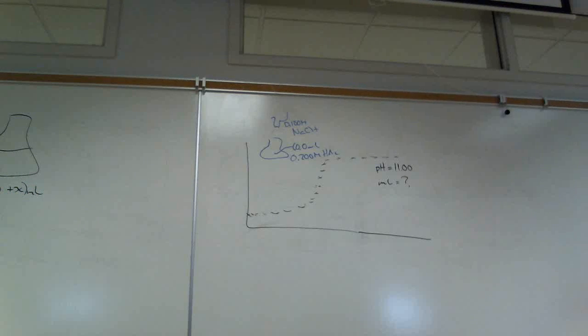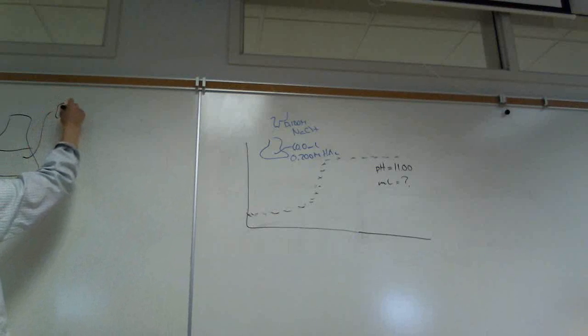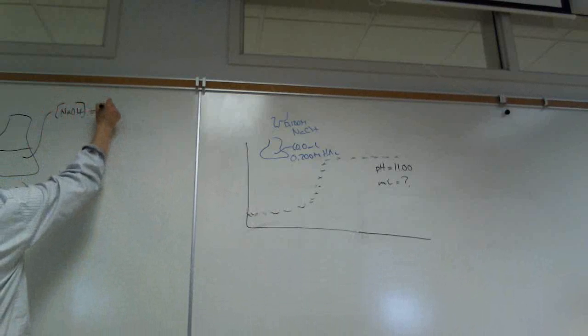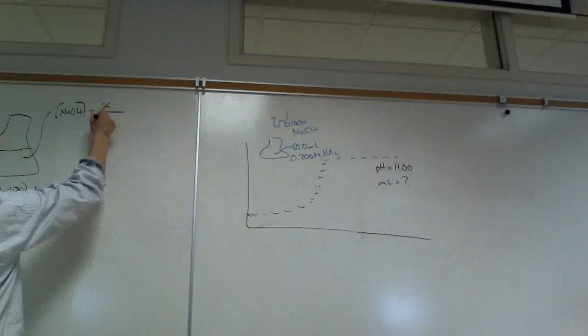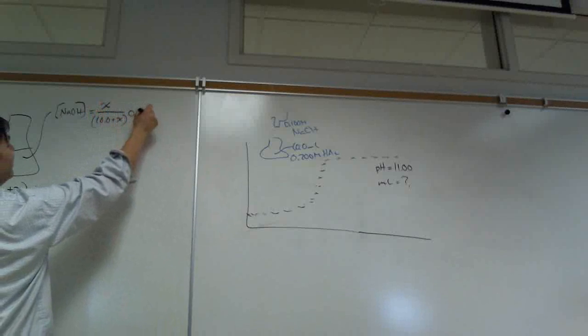And then we have to figure out the new concentrations. So what are the new concentrations? The sodium hydroxide concentration is going to be X over 10.0 plus X times 0.100 molar.